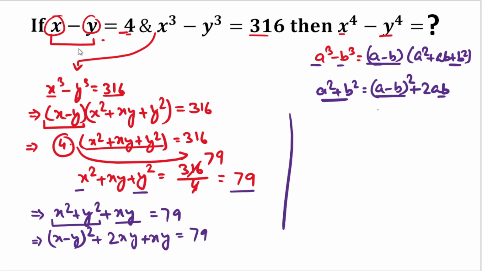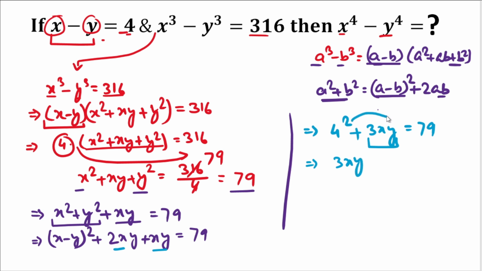Now we'll put the value of x minus y, that is 4. So it is 4 square plus 2xy and 1xy makes 3xy, that is 79. Now we'll write 3xy on the left hand side and take 4 square to the right hand side, where it becomes negative.